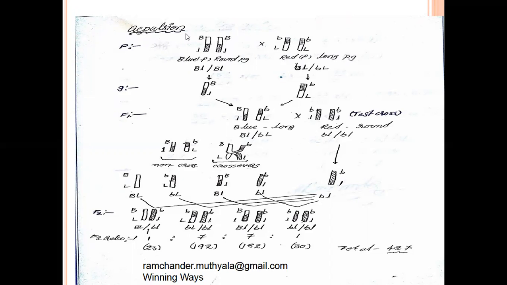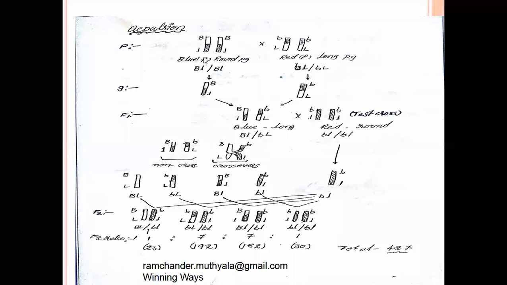Here repulsion linkage is explained with Lathyrus odoratus, the sweet pea. It was explained by the scientists Bateson and Punnett. In repulsion linkage, the parental generations are of two types. One parental plant of Lathyrus odoratus contains capital B small l, capital B small l.